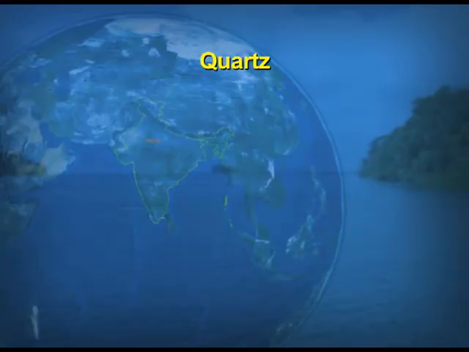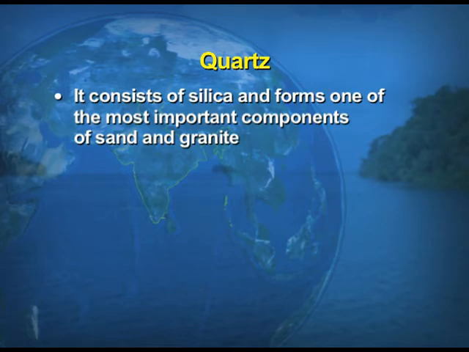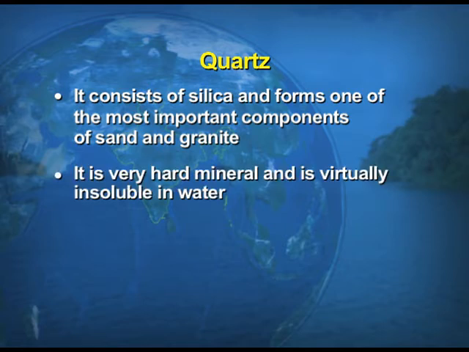Now, the second mineral is quartz. It consists of silica and forms one of the most important components of sand and granite. It's a very hard mineral and it's virtually insoluble in water. So, if it is hard, that means it will be resistant also, which cannot be eroded or weathered very easily.